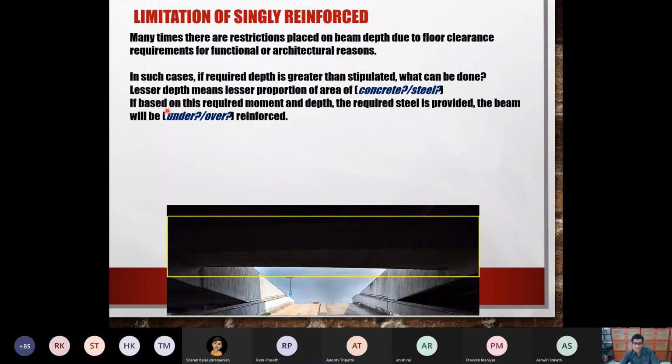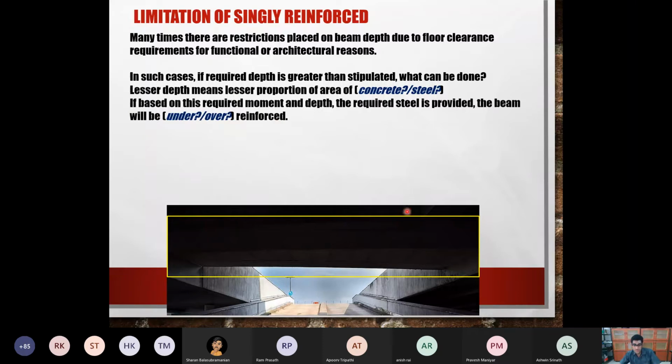Okay, and if based on this required moment and depth, if you provide the steel which is required, then you will find a situation where it will be in over-reinforced situation. Actually, I gave a question mark because I wanted to ask you what will it be, but anyway, I think you people will be capable of answering it now.